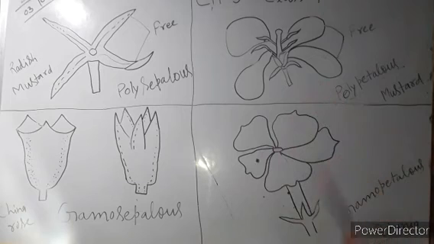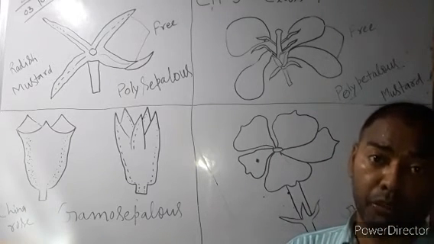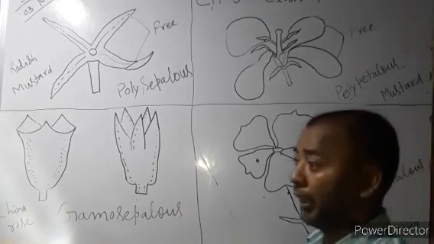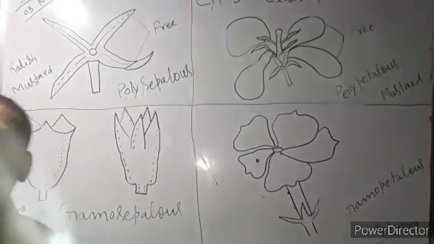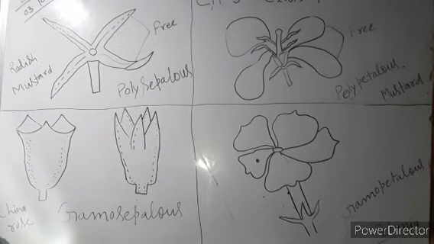Now the function of corolla, or the petals, is also very important. The first thing is that petals are normally colored. What does it do in the flower?